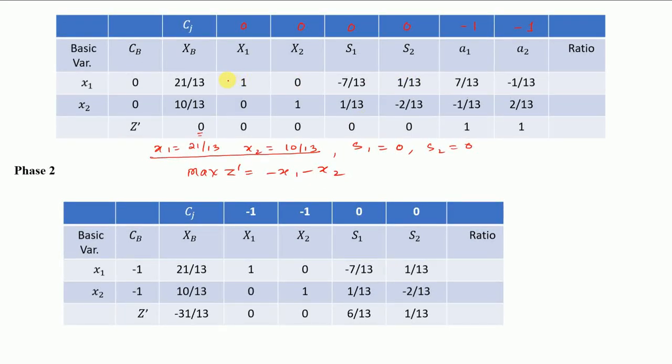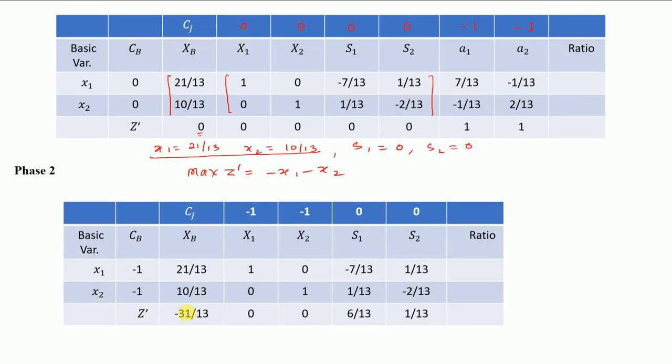So from here to here, simply you have to copy all these values here, because these values are the same. You can copy all these values here, because we are considering this solution. So assuming this as the initial solution, proceed further. So calculate z dash.